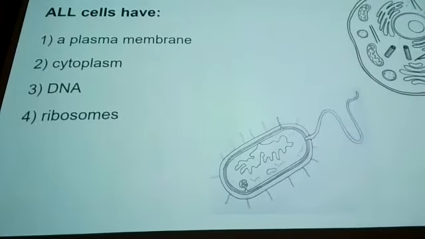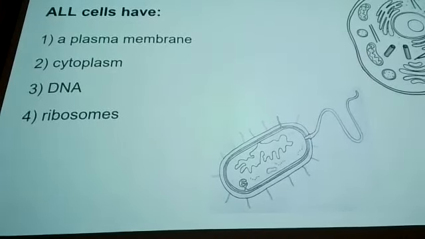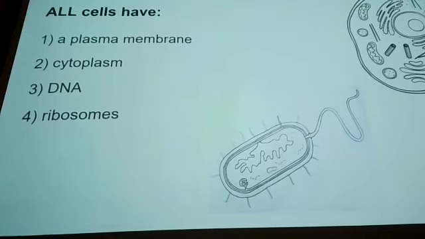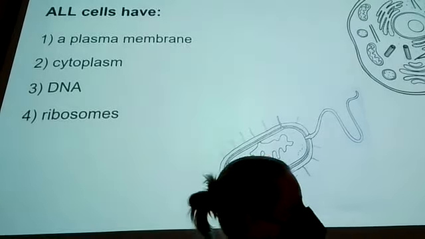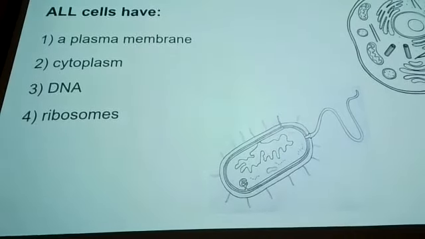All right, so in Venn diagram world, because there's lots of Venn diagrams that are going to happen in this chapter, you guys. In Venn diagram world, these are the things that go in the overlap. All cells have a plasma membrane. We spent a week talking about how important plasma membranes are. All cells have cytoplasm. This is the cell juice.